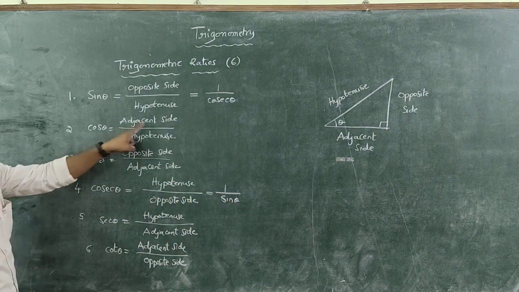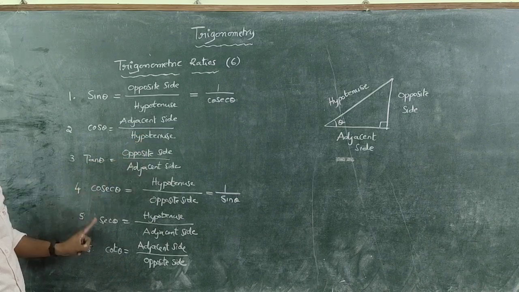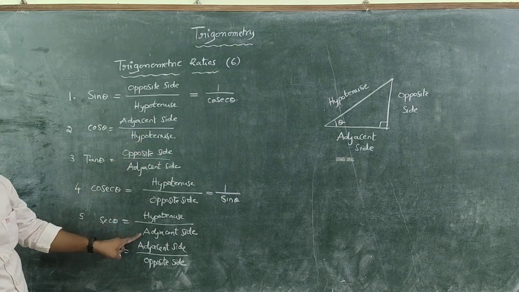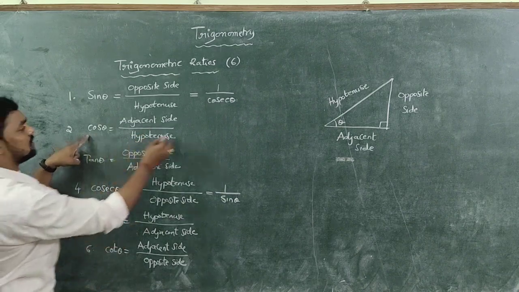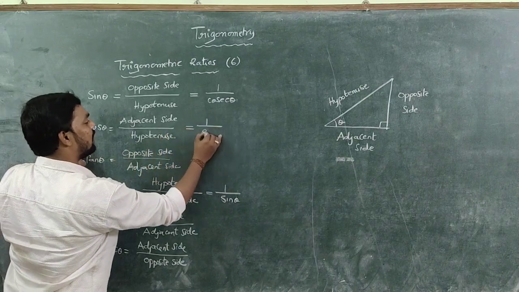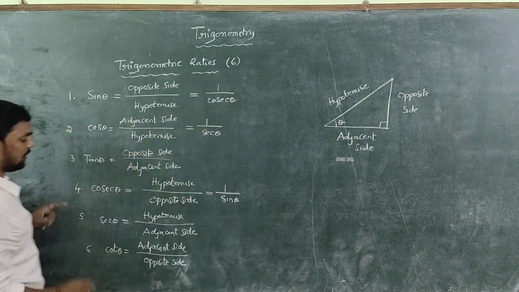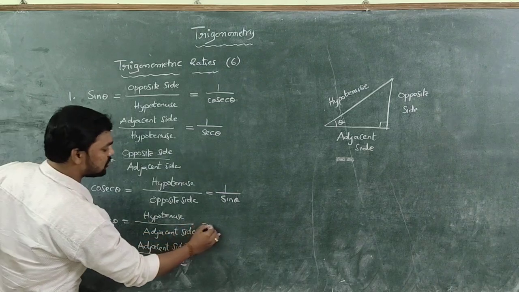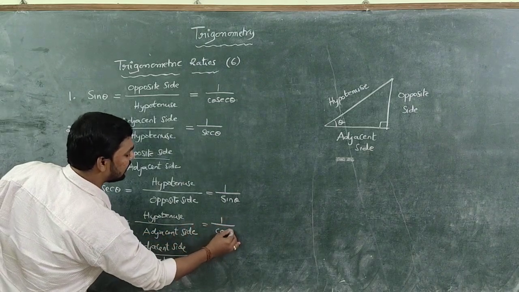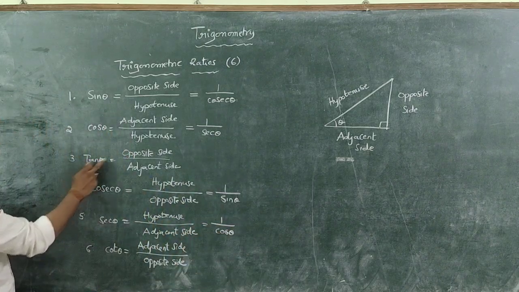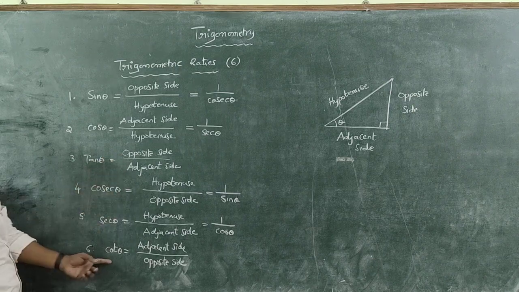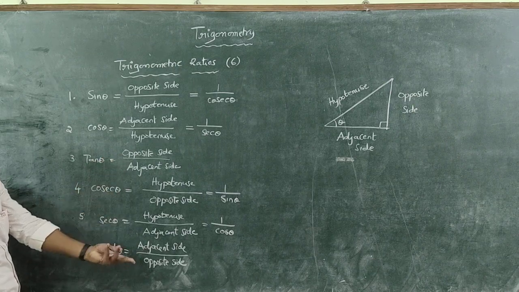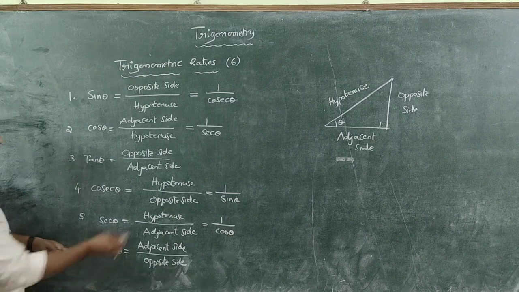Similarly, cos theta is equals to adjacent side by hypotenuse, sec theta is equals to hypotenuse by adjacent side. So cos theta is equals to 1 by sec theta and sec theta is equals to 1 by cos theta. Tan theta is opposite side by adjacent side and cot theta is adjacent side by opposite side. That means reciprocal reversal.